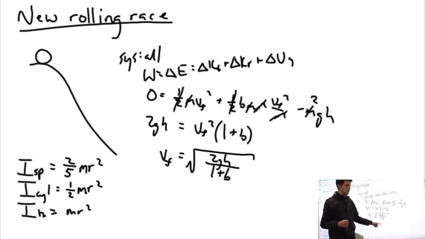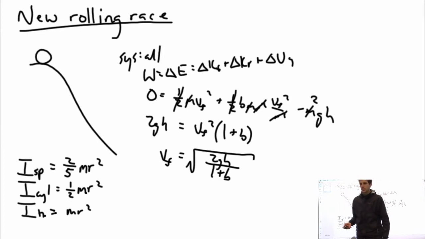So I want b to be really small if I want to be fast at every spot. If b is really small, I'm going to have the highest speed at any given height. And that, I'm going to make the argument, means that if you're fastest at every spot, you're probably going to reach the ground first. So I think that's thorough enough.